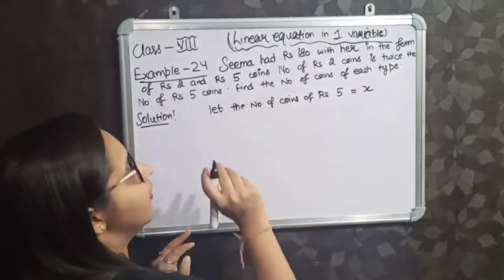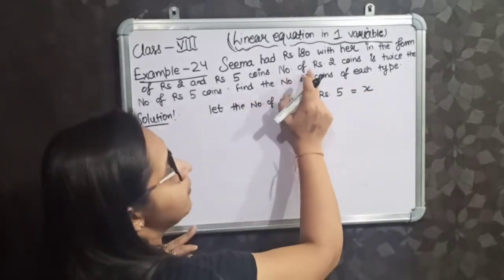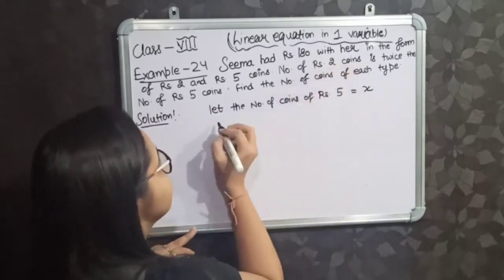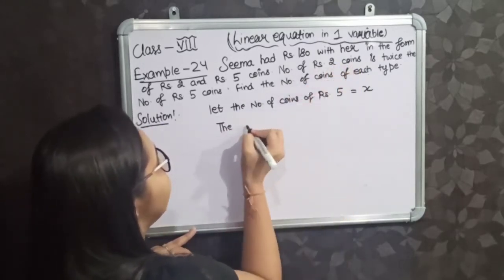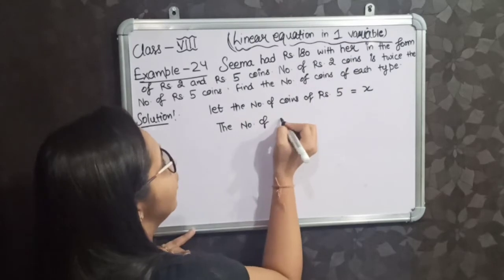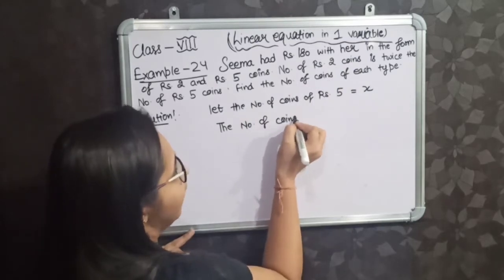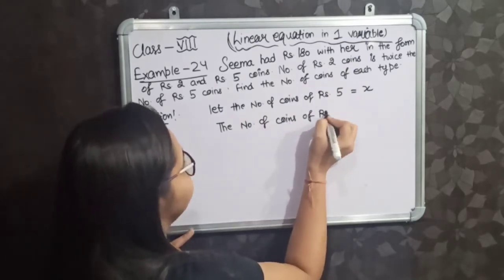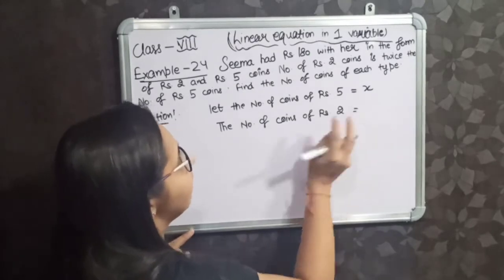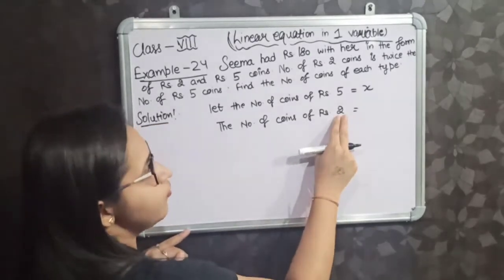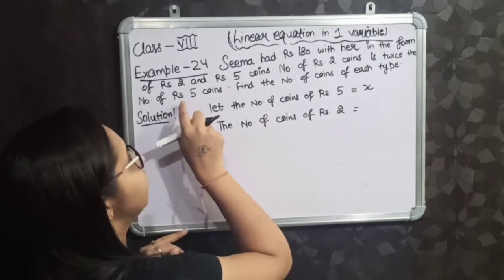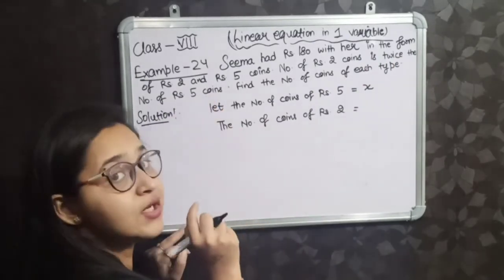Now, come to the question. It says the number of rupees 2 coins will be twice the number of rupees 5 coins.